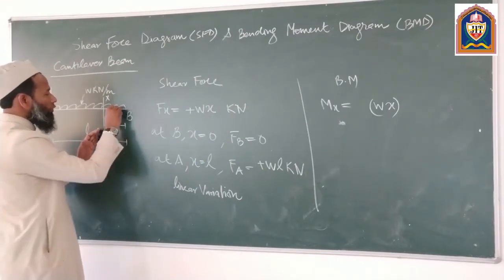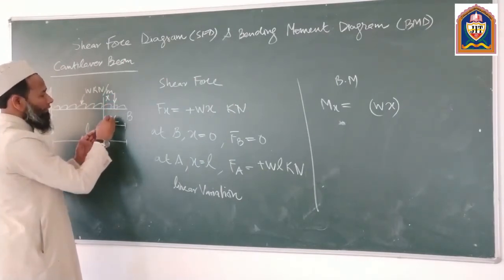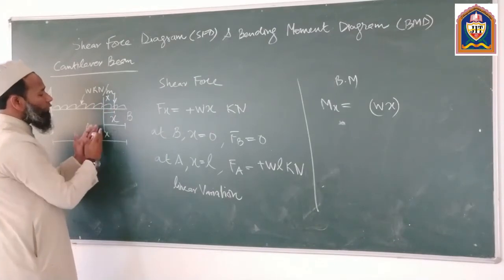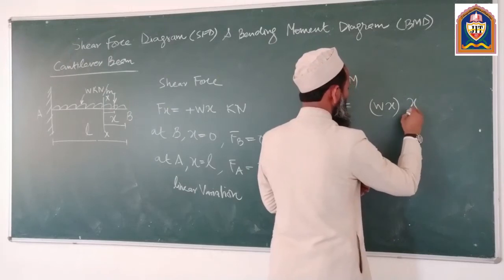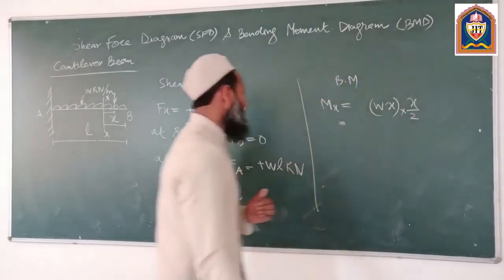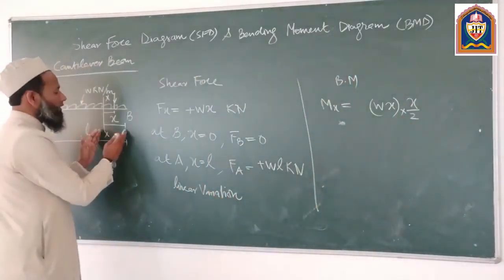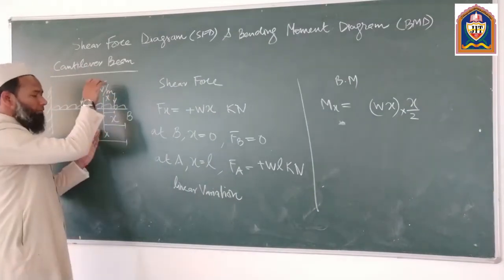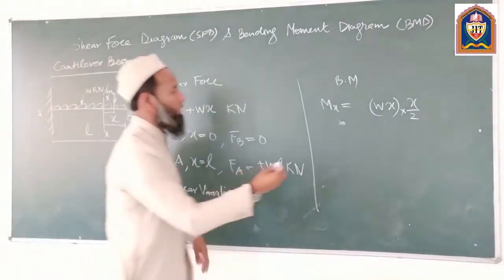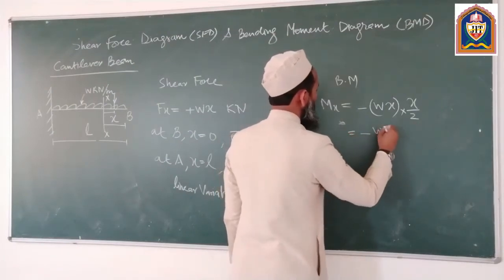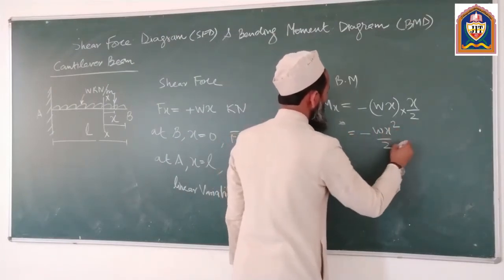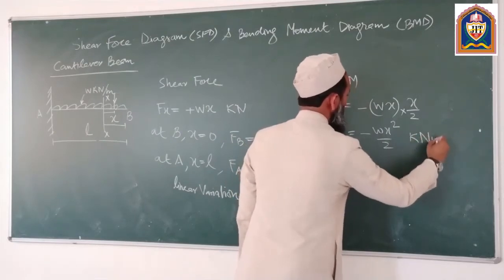This total load is acting at a distance of x by 2 from the section, so we have to multiply this by x by 2. This force which is acting on the right is taking the beam down, so this is a case of hogging. We will put a minus sign here. So this is minus W x square by 2 kilonewton meter.